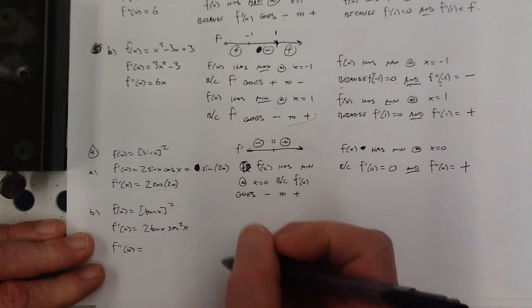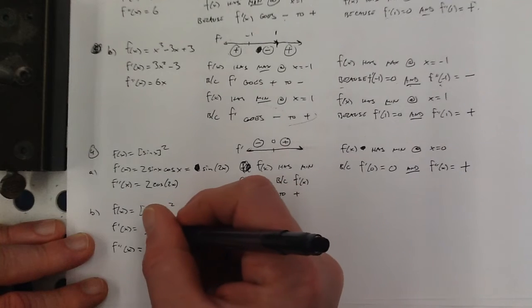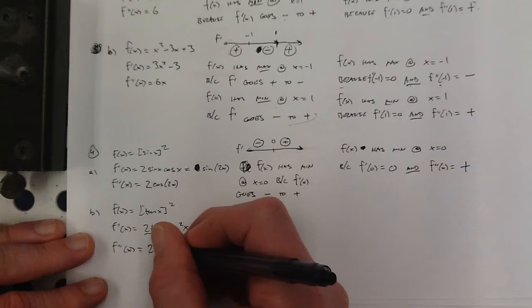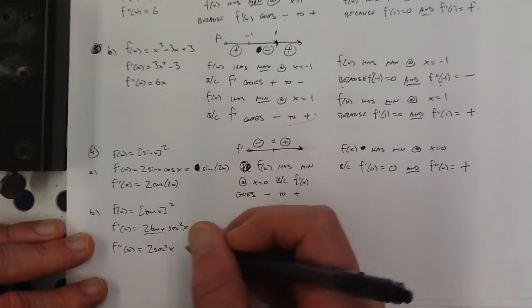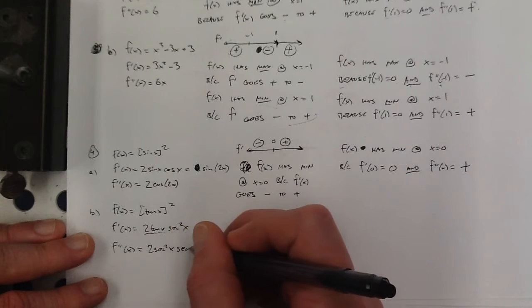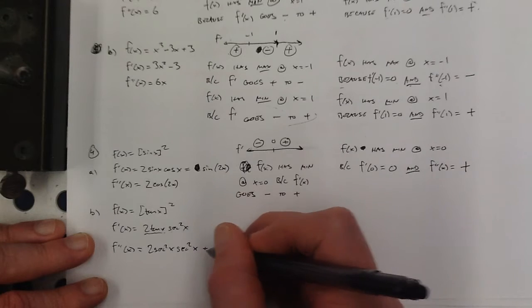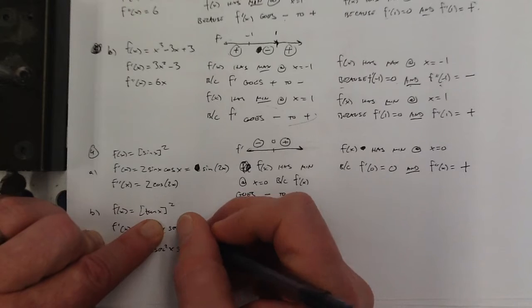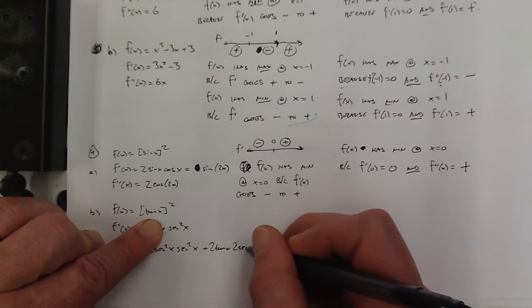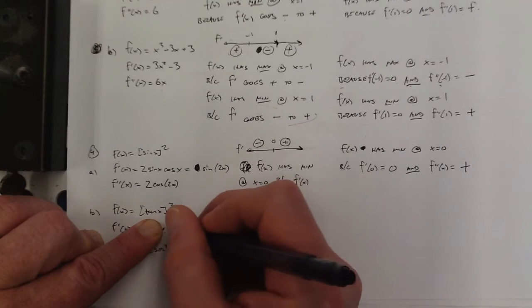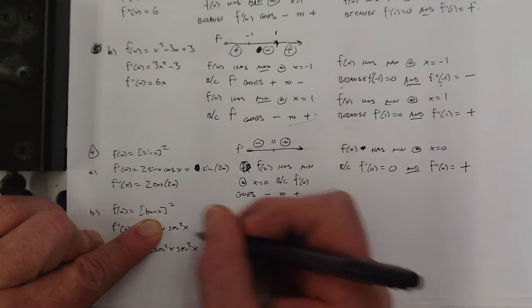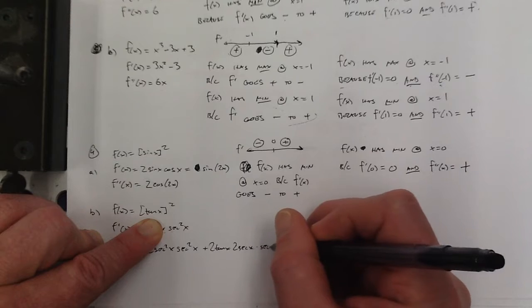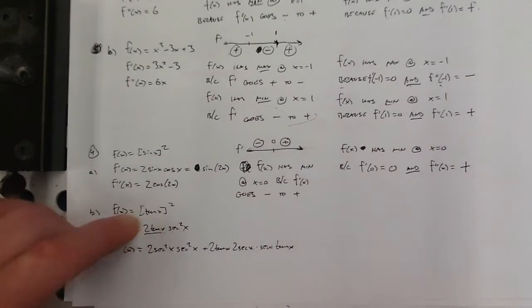I just have to do my product rule. So I'm going to consider this to be the first and this to be the second. So the derivative of the first is 2 secant squared x times the second, plus the first times the derivative of the second. The derivative of the second would be 2 secant x, because that's something to the second power, times the derivative of what's inside. The derivative of secant is secant tangent.